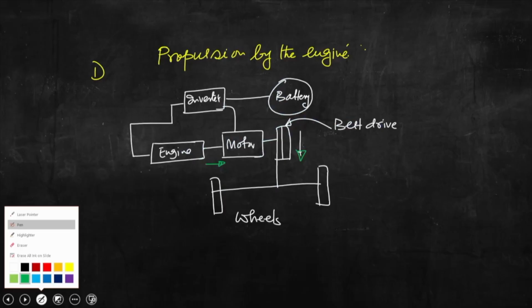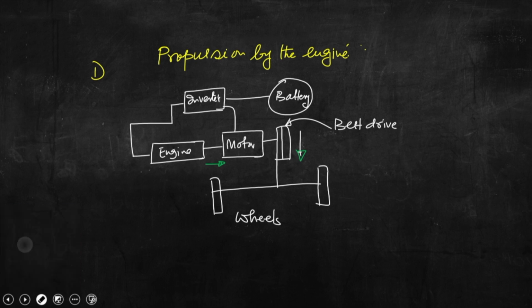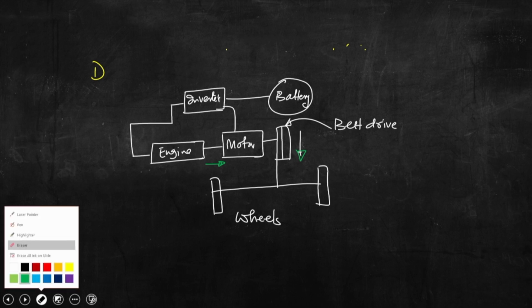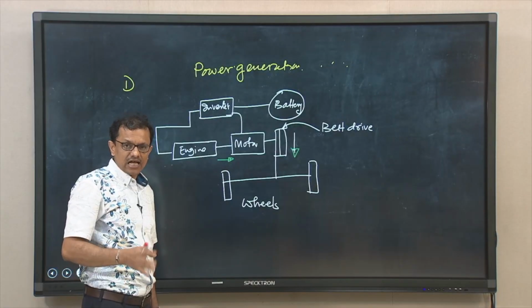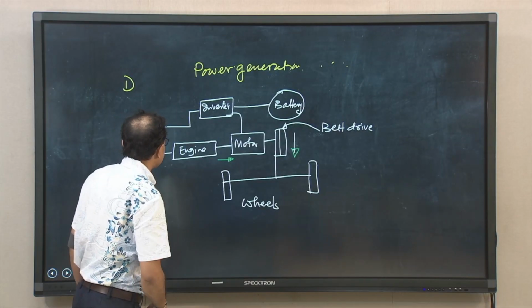Okay. We are left with the final one, that is the hybrid arrangement of power generation. We have discussed power generation during driving, but now we have the power generation arrangement.